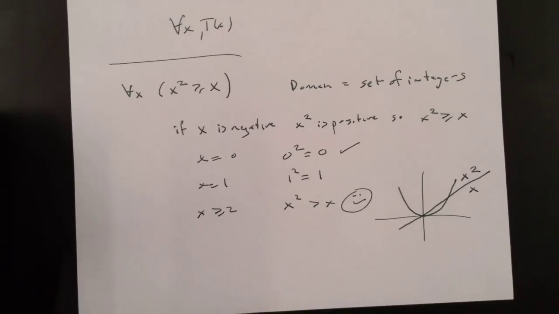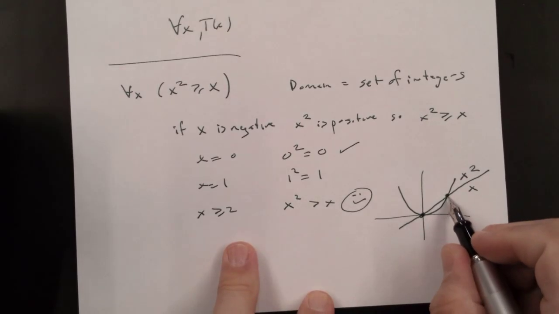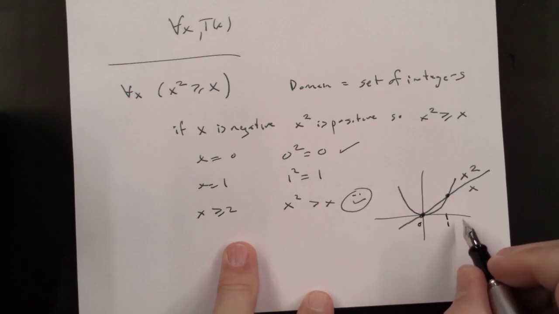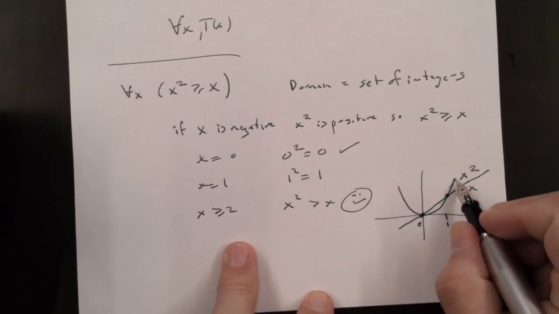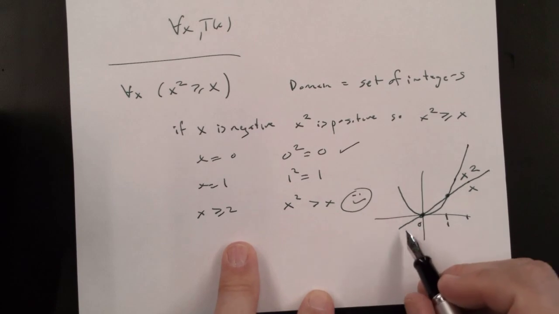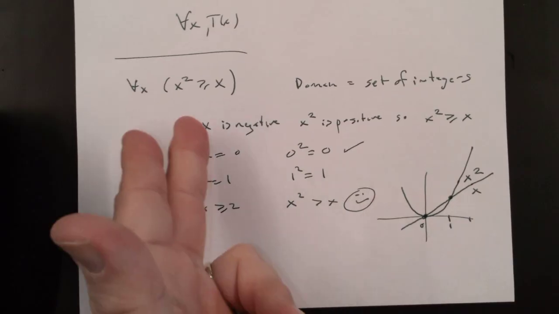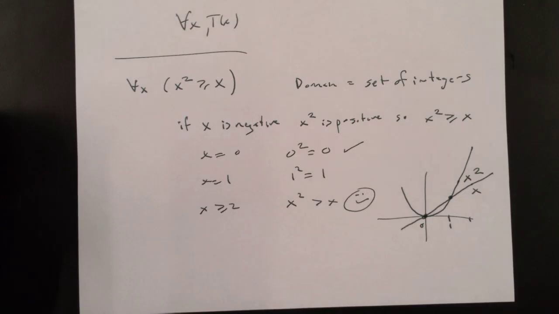As a matter of fact, if I think algebraically, I draw the graph of x squared, I draw the graph of x. This is 0 right here. This is 1 right here. And once I get to 2, well, this graph is clearly on top, isn't it? And all here over the negative side, this graph is always on the bottom. So this is definitely going to work. And I've actually listed all the possible cases we could have.